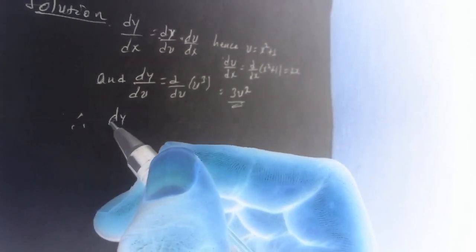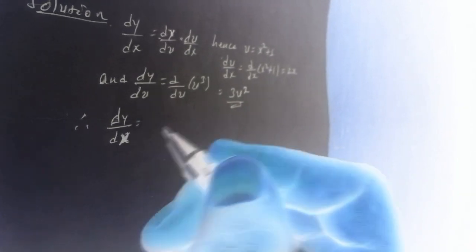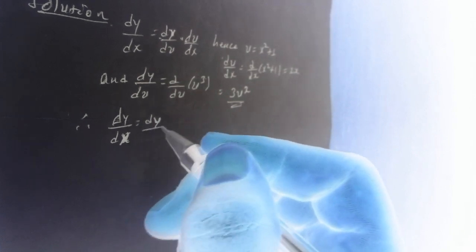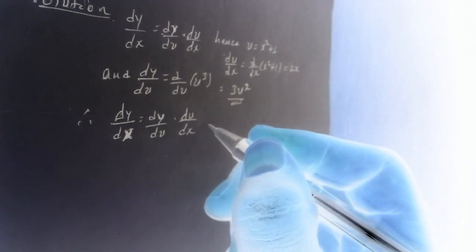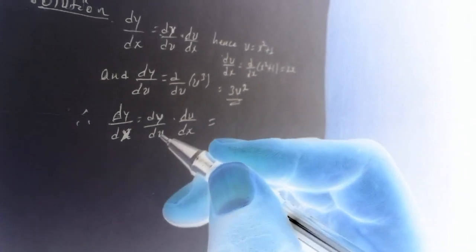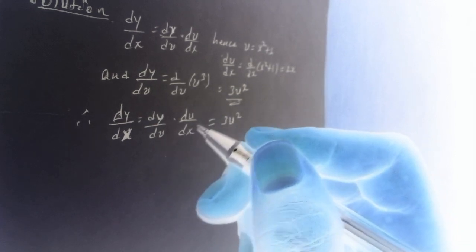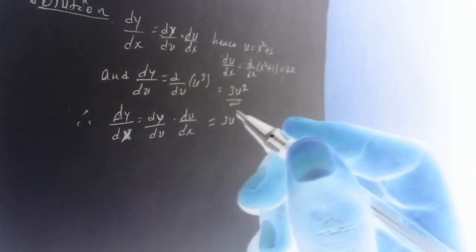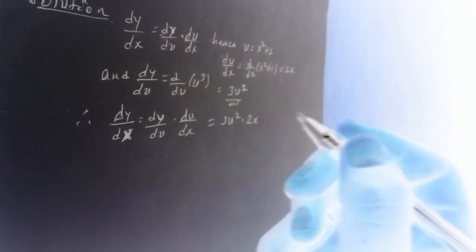When it comes to the general formula, to find the derivative we can say that dy by dx equals dy by du times du by dx. We can substitute those terms in the proper position. Therefore, dy by du is 3u squared, the derivative of u cubed, times du by dx, which is 2x.